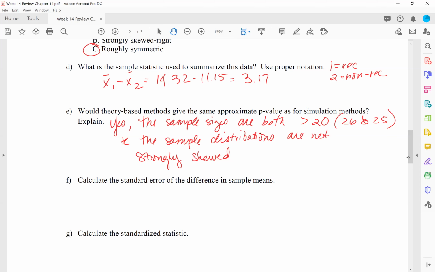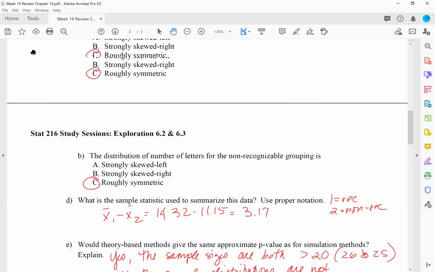So to find that standard error for the difference in means, this is looking at theory. We're taking the square root of the sample standard deviation for group 1 squared divided by its sample size, plus the sample standard deviation for group 2 squared divided by its sample size. And we had those values given up here.